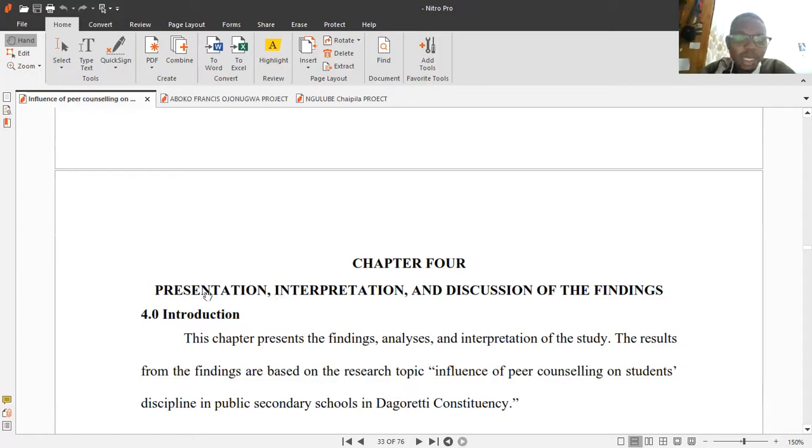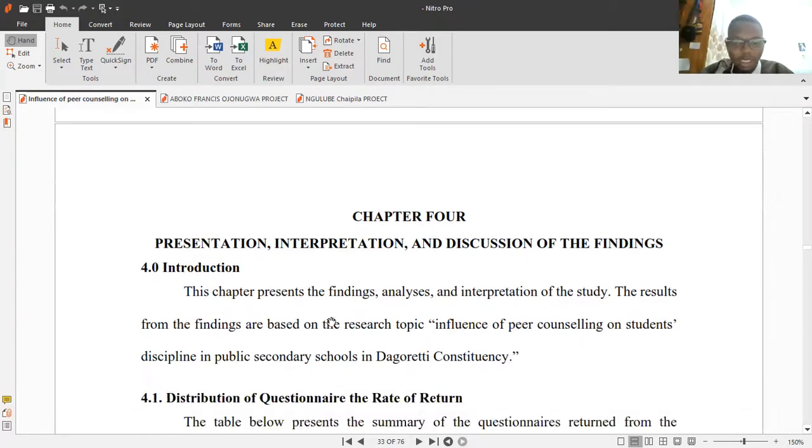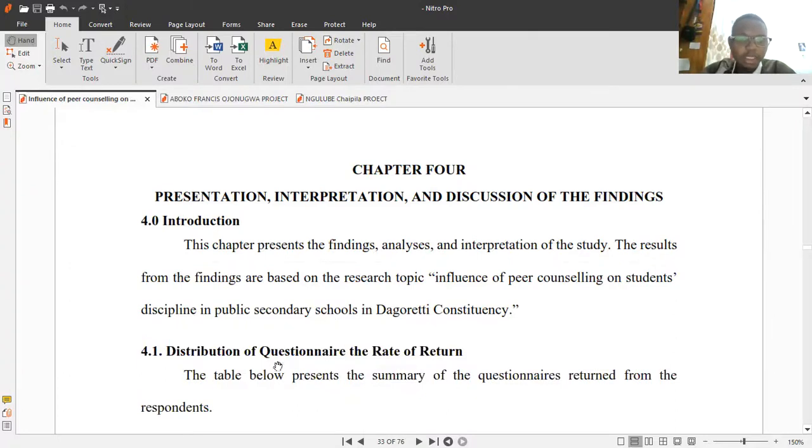We have a presentation, interpretation, and discussion of the findings. I will still repeat how best you can present your data, and how best you can interpret or analyze the data, in a way that will be easier for everyone to read and understand.